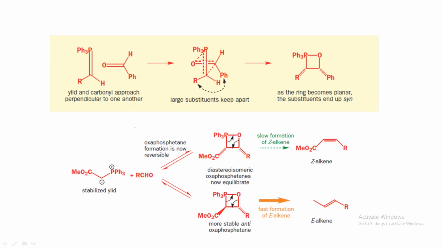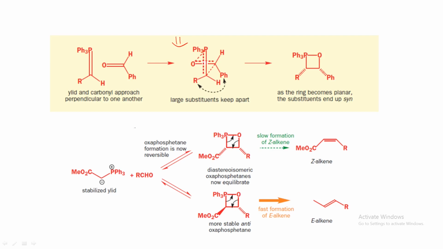Now you can see they are actually reacting in this type of fashion, not a parallel approach. You can say it is a perpendicular approach, and in this type of perpendicular approach, the transition state that would always be preferred is where the interaction between two bulky groups, in this case the R group and this phenyl ring, would be minimized. So that's how the system would prefer to react. So here you can see that is the other conformation.